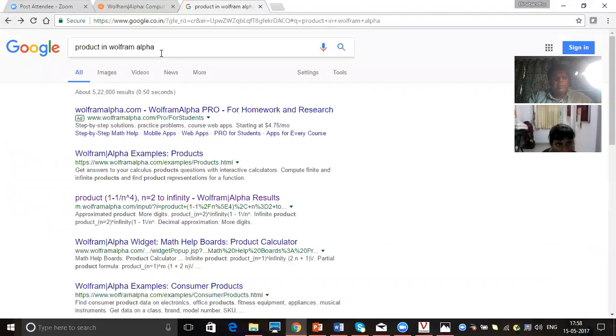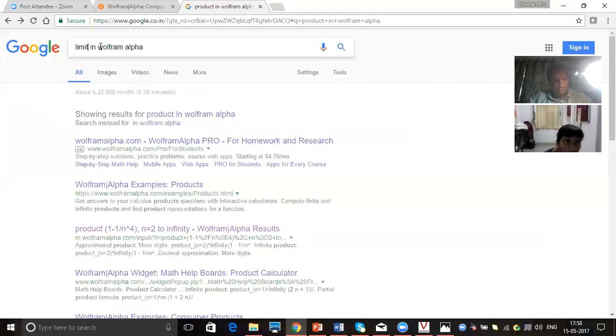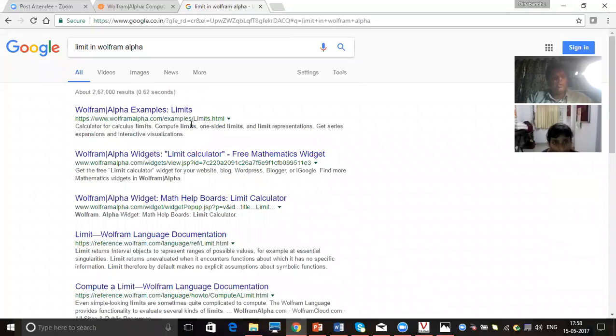So are you on Wolfram Alpha? We want to see how to compute this limit.